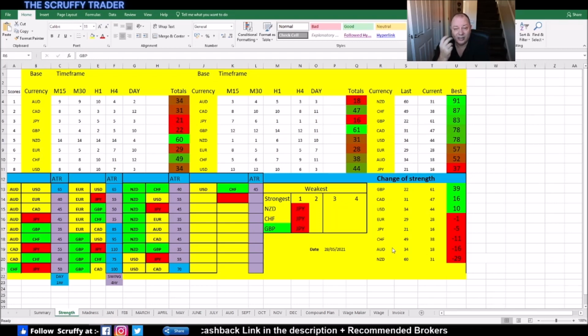So again, it's a good warning sign. And if the two of them correlate, so for argument's sake, the strongest change is New Zealand, and New Zealand's still at the top, then it may well be moving into a trend. So that's a way to read it as well.